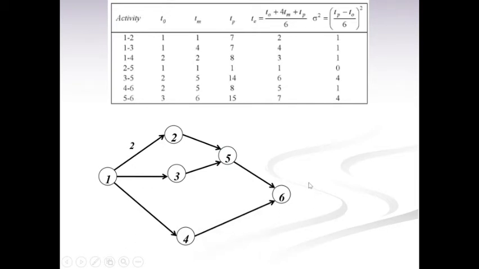Then we can take the TE value for each and every activity. 1 to 2, it is 2. Then 4 for 1 to 3. For 1 to 4, it is 3, and so on.